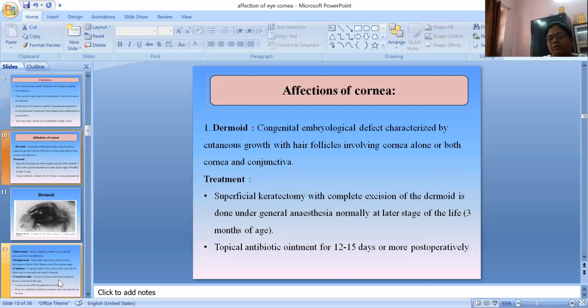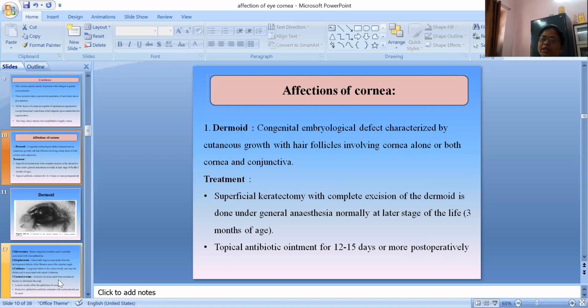So now there are affections of the cornea. The first one is dermoid. What is dermoid? Dermoid is a congenital embryological defect characterized by cutaneous growth with hair follicles involving the cornea alone or along with the conjunctiva.